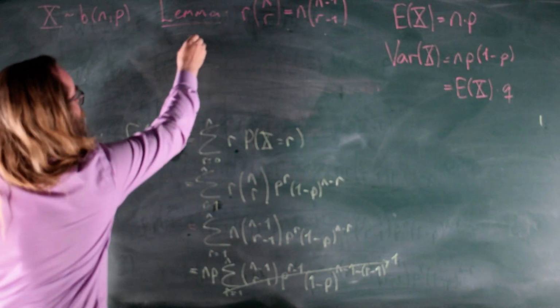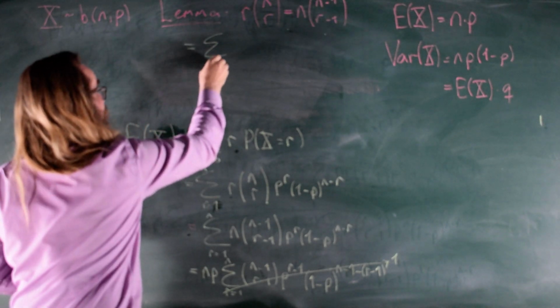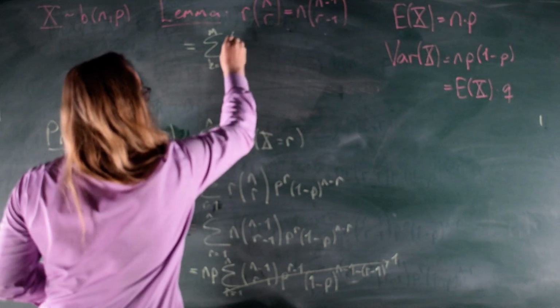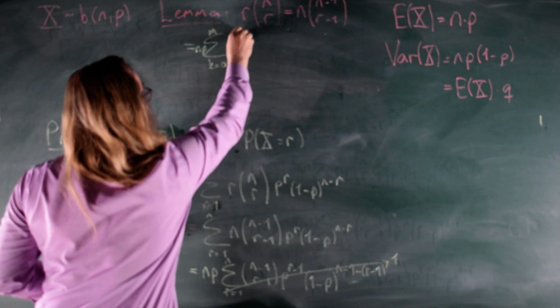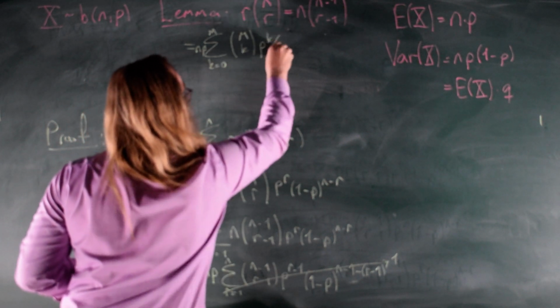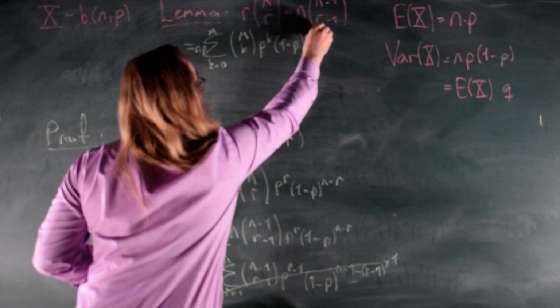we can actually continue this as the sum of k from 0 to m of an np here in front. And then we do an m choose k, p to the power of k, (1 minus p) to the power of m minus k.